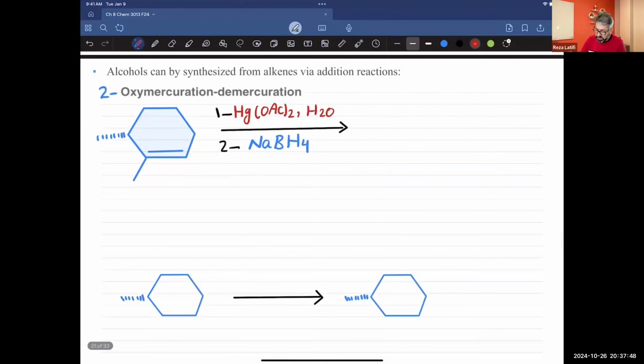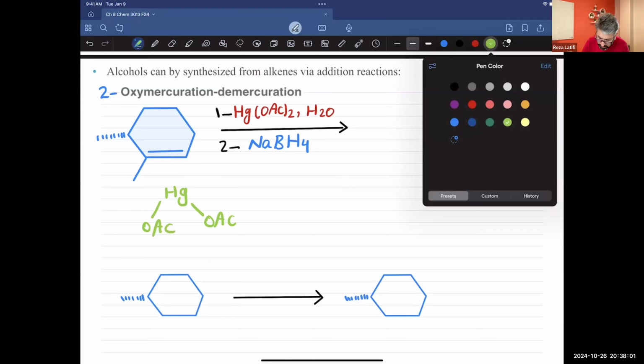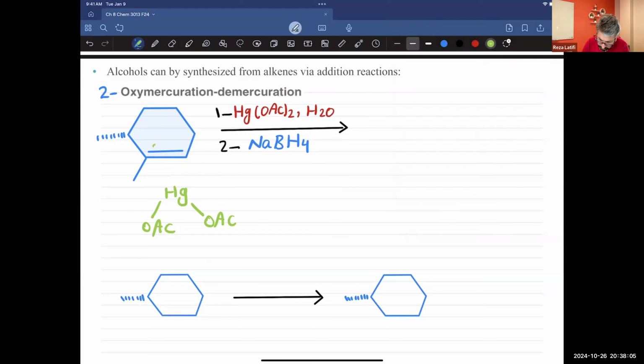First step of the reaction is going to start this way. You will have mercury that's attached to 2 OAc, and the double bond. Okay, that double bond can actually move those 2 electrons to one side, and now that we have 2 electrons there, those 2 electrons will attack the mercury.